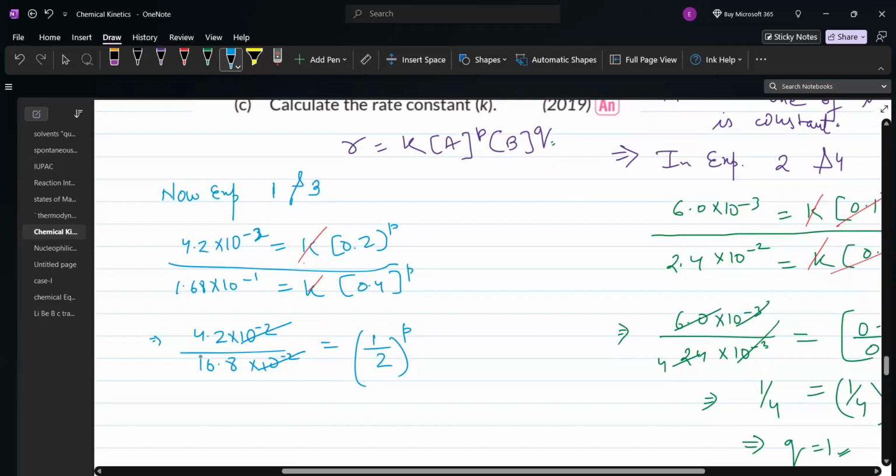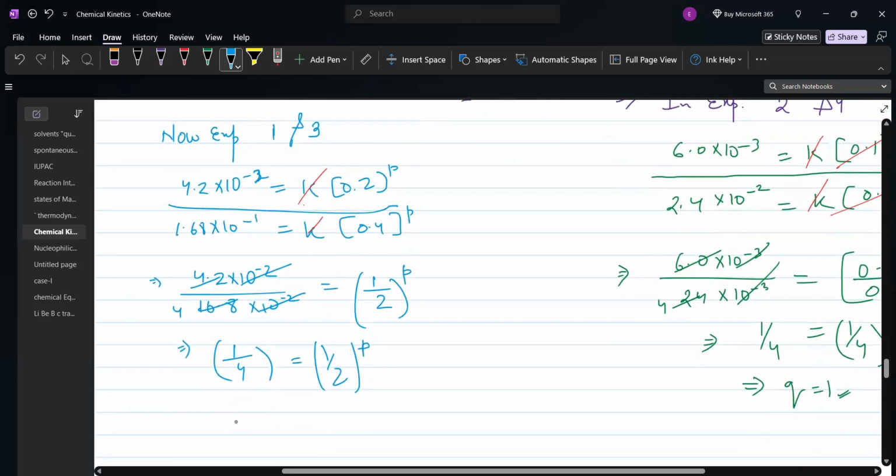Let's solve this. So what we are getting is 1 by 4 equals 1 by 2 to the power of p. If you are having confusion, you can take the reciprocal on both sides, so there is no issue. What should p be here, Zaina?